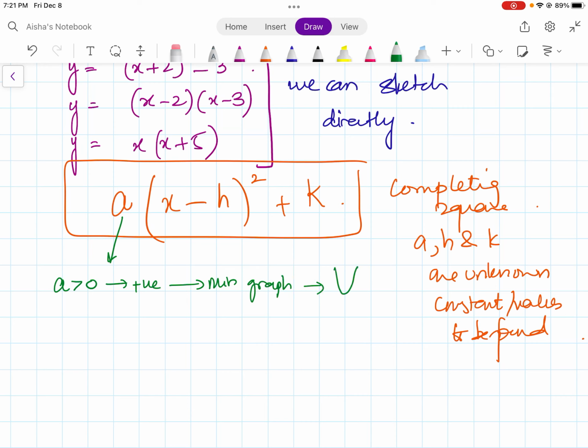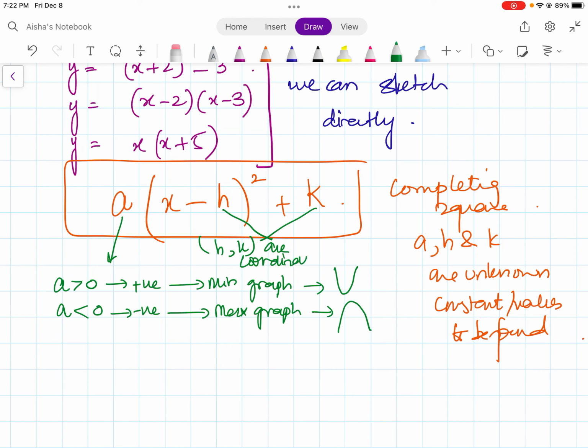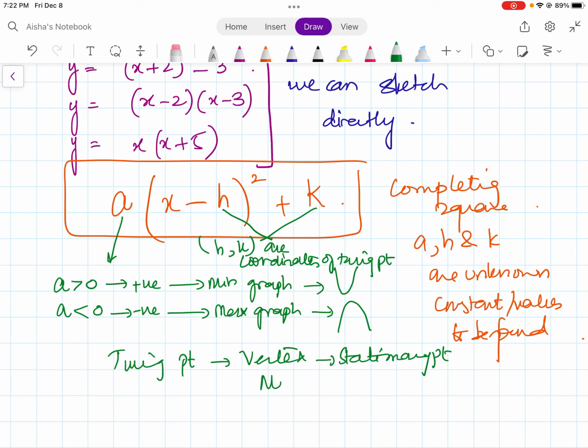Minimum graph means it's a happy face. If a is less than 0, it is negative, it's a maximum graph, meaning it's a sad face. h, comma k are the coordinates of the turning point. Turning point is also called vertex, also called the stationary point, also called the maximum or minimum point.